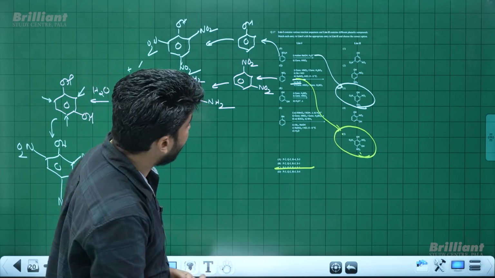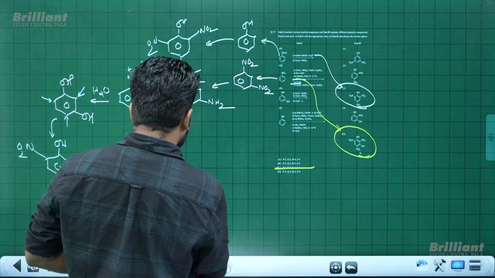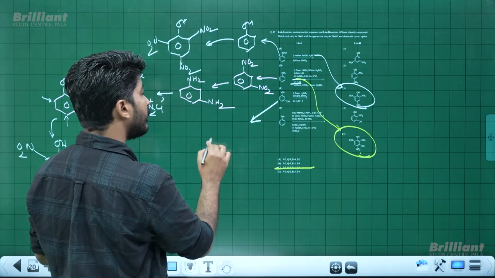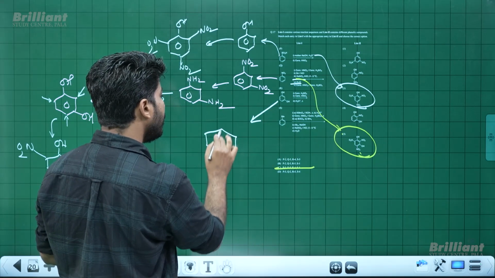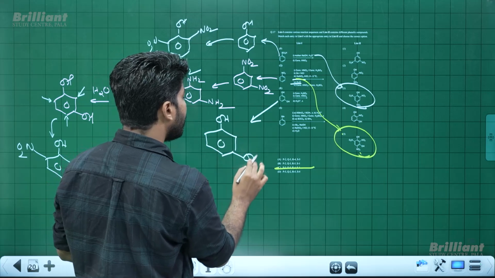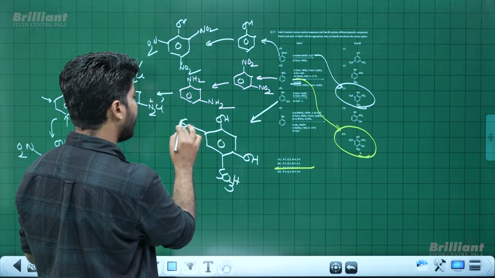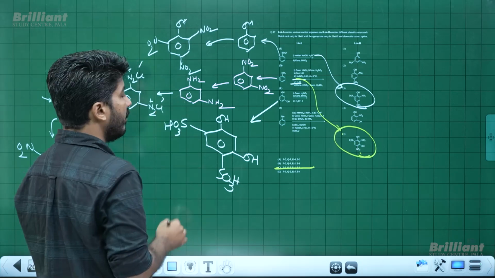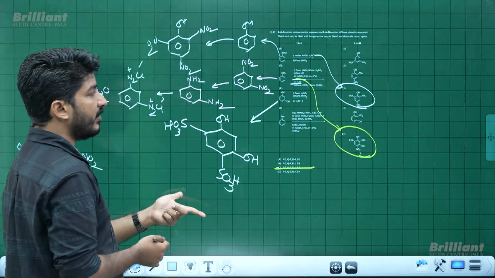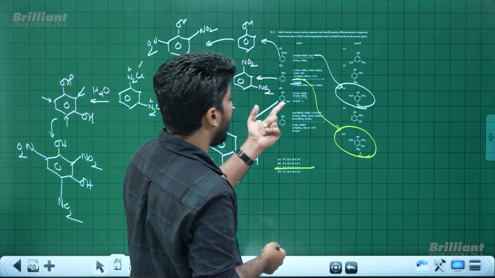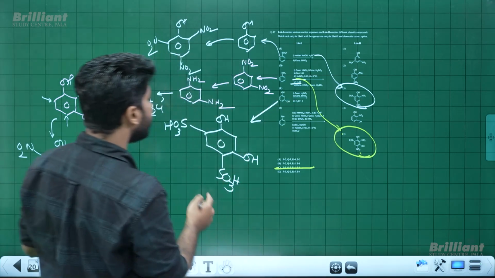So let's verify with the other reactions also. Phenol is treated with concentrated H2SO4. Sulfonation occurs. We can expect sulfonation at 2 locations, at this site and that site preferentially, right? That is a preferred site of sulfonation. Now after that, nitration is done.